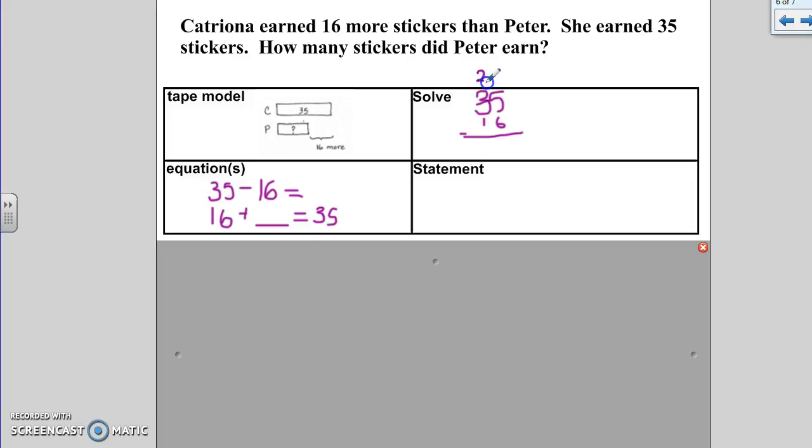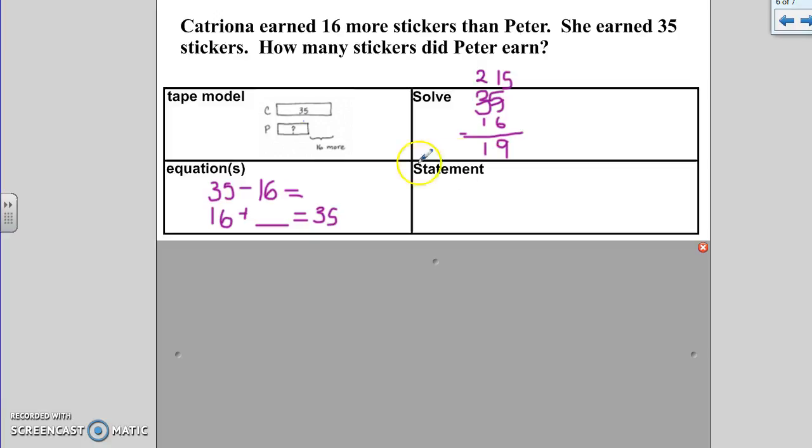3 tens becomes 2 tens. 5 ones becomes 15 ones, because I add 10 ones to that 5. 15 minus 6: 15, 14, 13, 12, 11, 10, 9. 2 minus 1, that's easy, is 1.